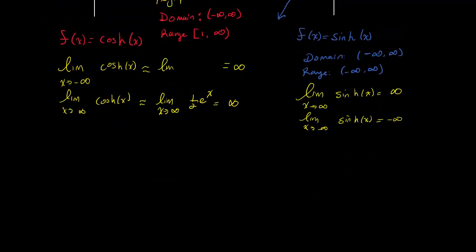So now let's go ahead and try drawing tangent and cotangent, hyperbolic cotangent. So these ones are a little bit different, but a little bit fun too. I'm going to do it in red again.